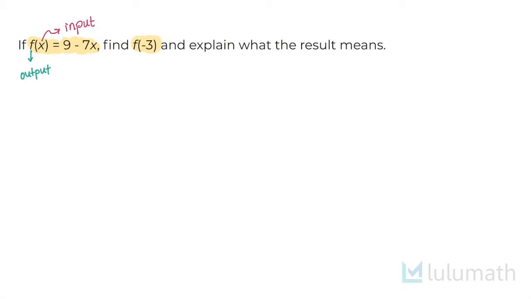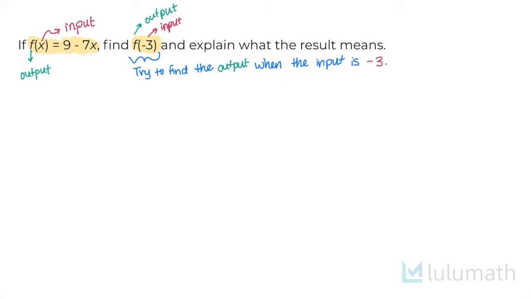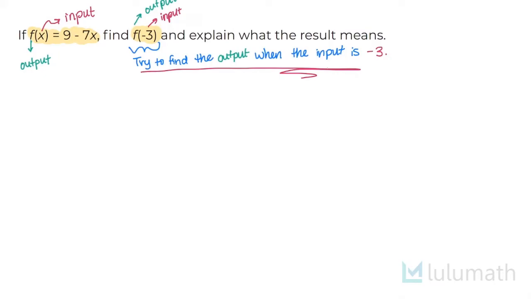So essentially what this is saying, because this is the input, and this is the output, we are trying to find the output when the input is negative 3. Do you see how convenient this notation is? All of this is summed up in this smaller notation that we see here.